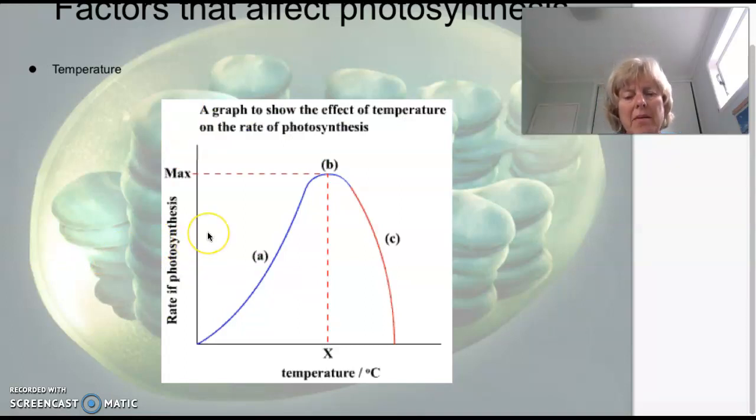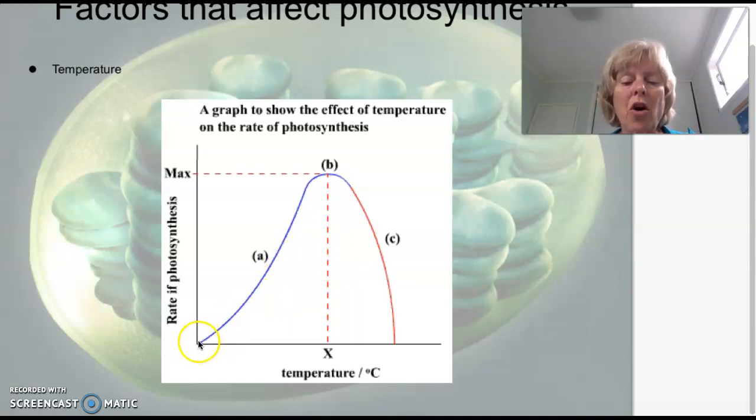Often in the exam, they're not asking you to describe the process of photosynthesis in detail, but they might ask you to explain which factors affect photosynthesis. So first of all, there would be temperature, and the reason photosynthesis depends on temperature is because it is an enzyme-driven process.